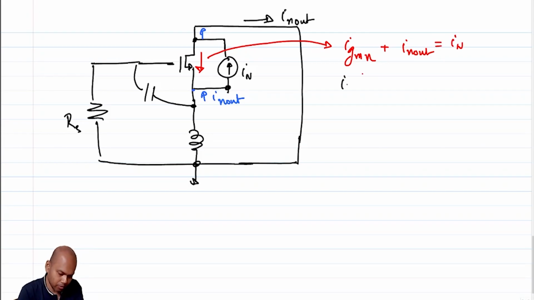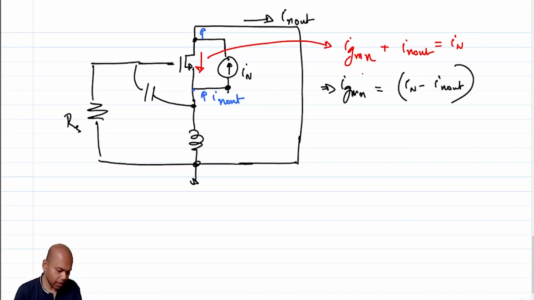Go back to black color, which means IGM noise is In minus In out. Okay, fine. So let's deal with this IGM noise, and then we'll take one step at a time.